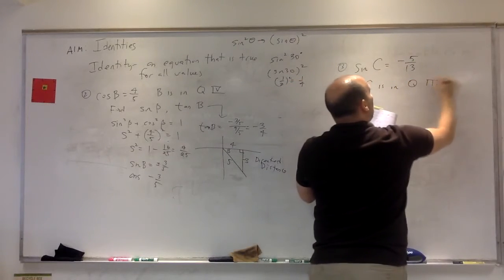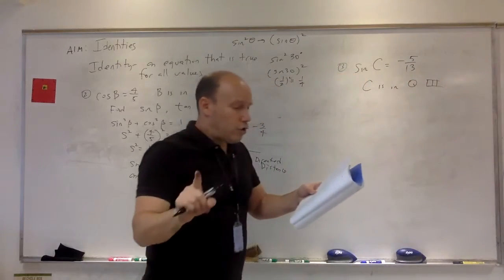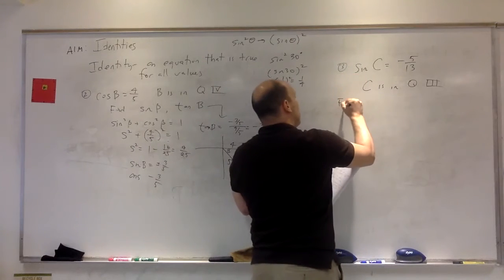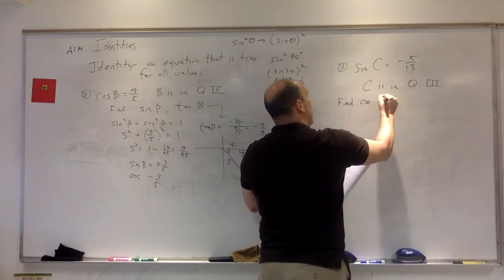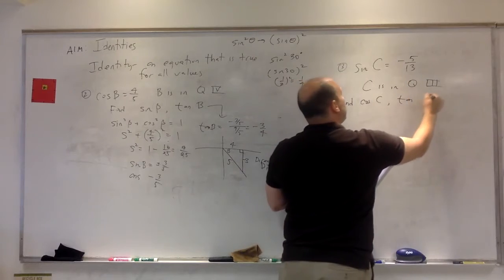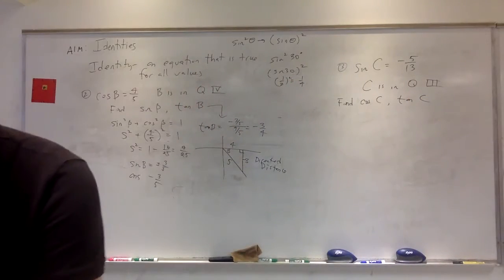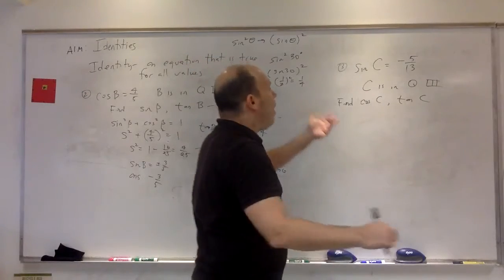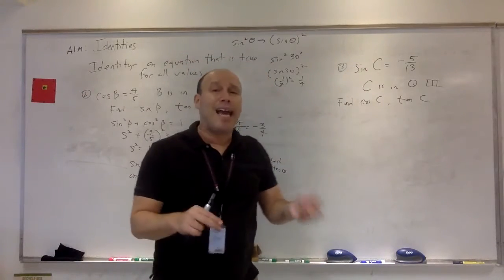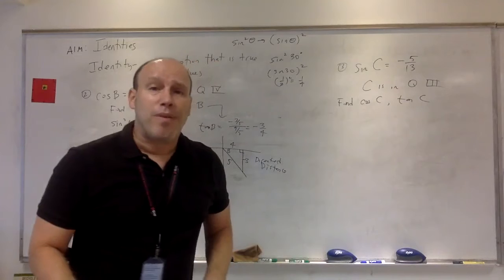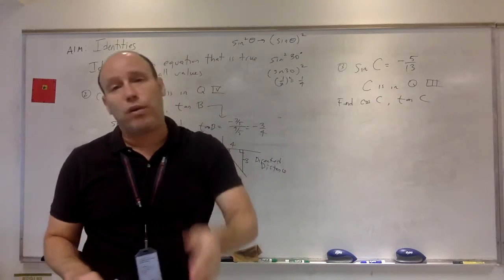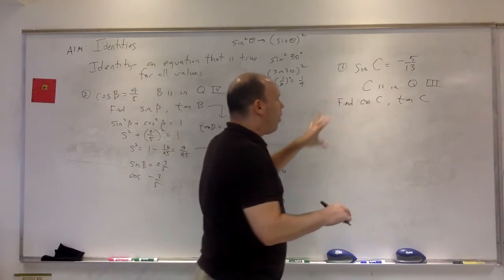So we have a rotation, and it's in the third quadrant. We know that sine is negative in the third, cosine is negative in the third, and tangent is positive in the third. We draw a triangle, right? We're told that the sine of C is negative 5 over 13.